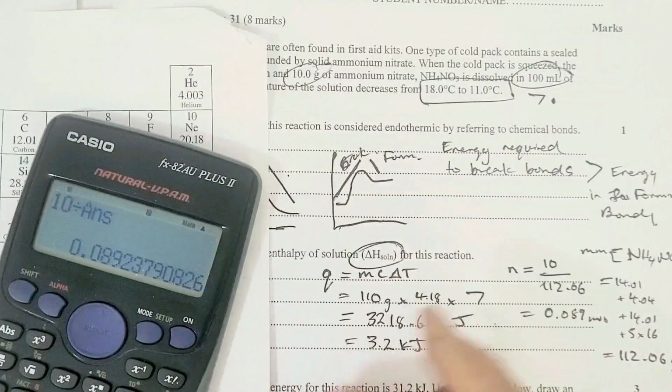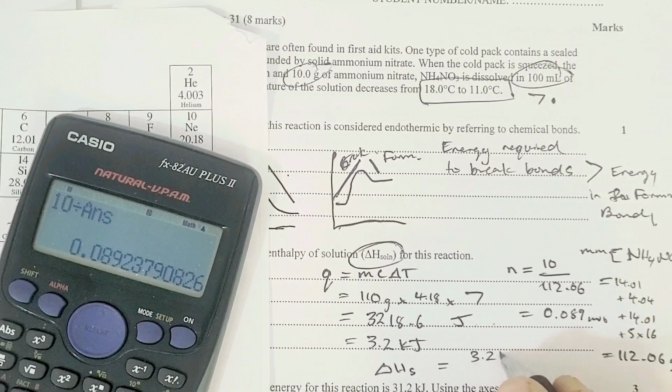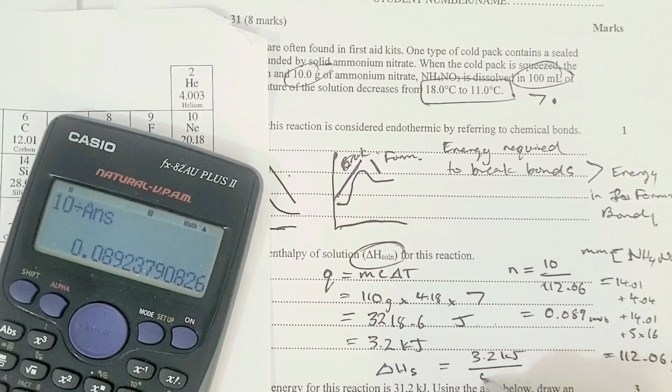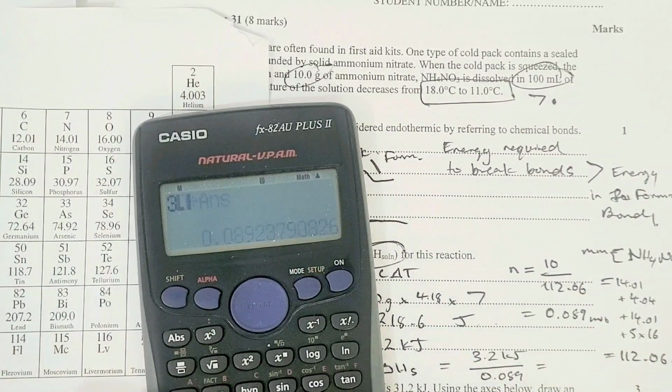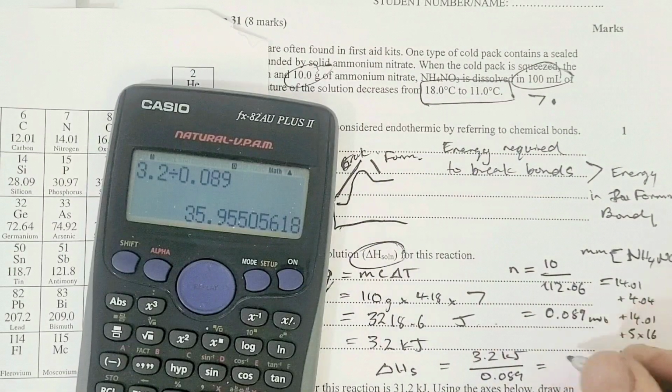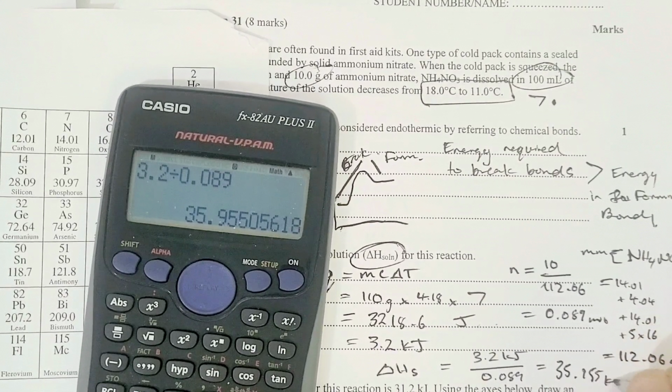Okay, so heat of solution is 3.2 kilojoules divided by 0.089, so that's roughly 35.955 kilojoules per mole.